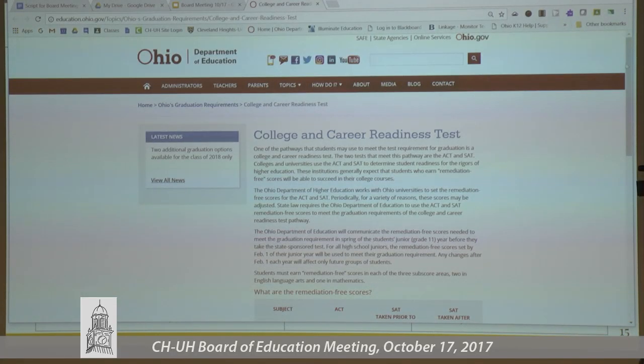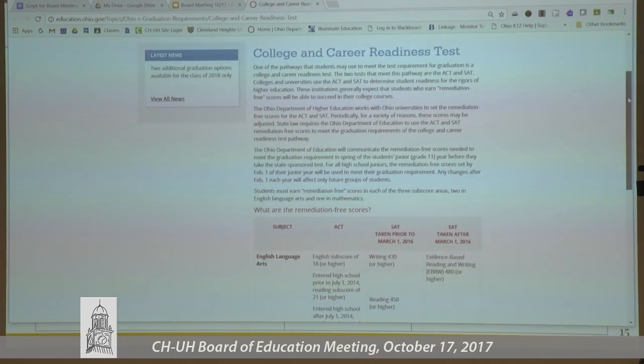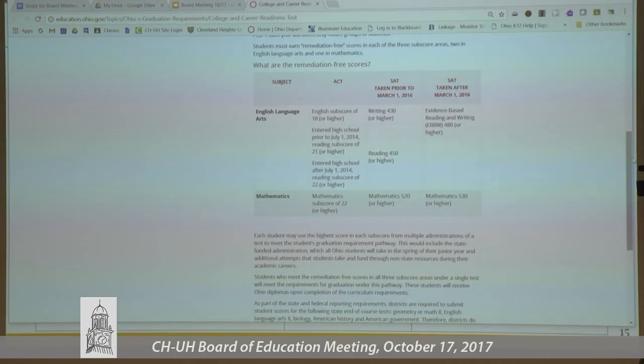Okay. Just for your knowledge and understanding, in the presentation where you see the text in blue, it is a hyperlink for additional information. So if community members wanted to understand more about the college and career readiness test and what those remediation-free scores are, the links are there so you can see the same information.